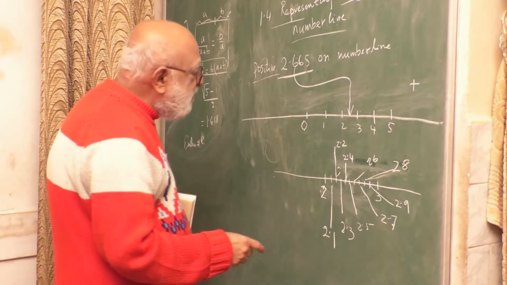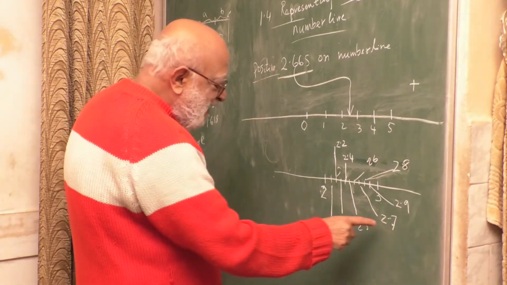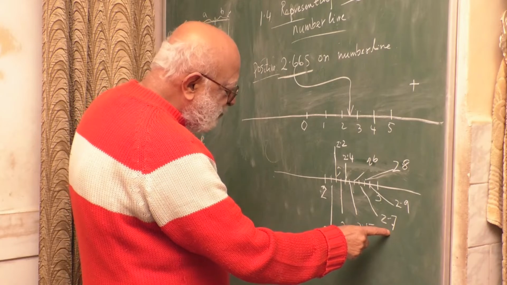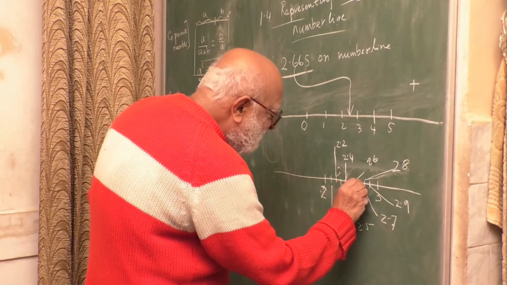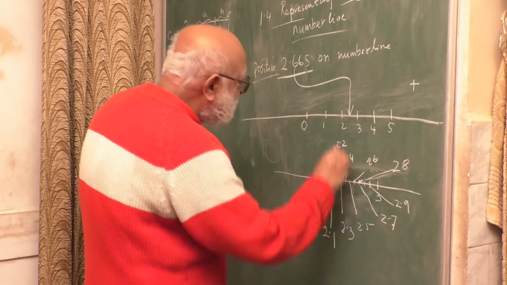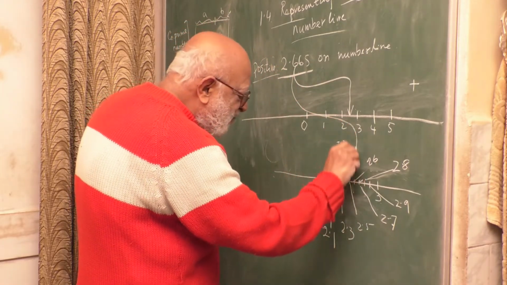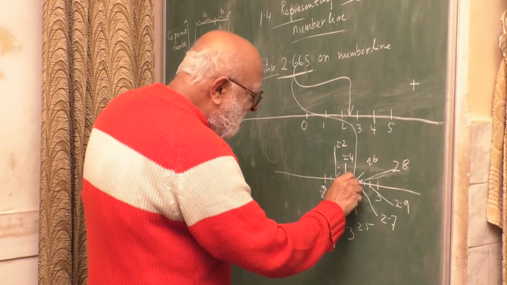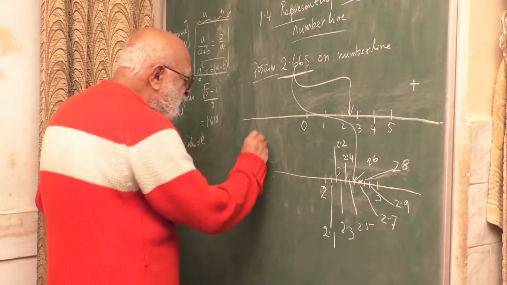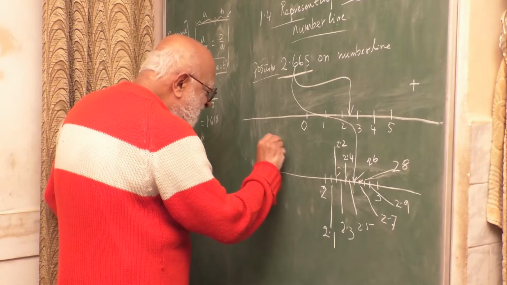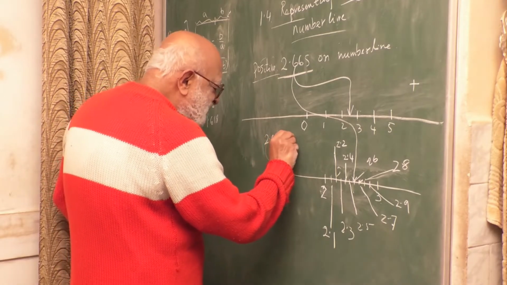Where this would be between 2.6 and 2.7. Where is 2.6? This one is 2.6, this one is 2.7. So here again I have further narrowed it down and I have got it between 2.6 and 2.7.